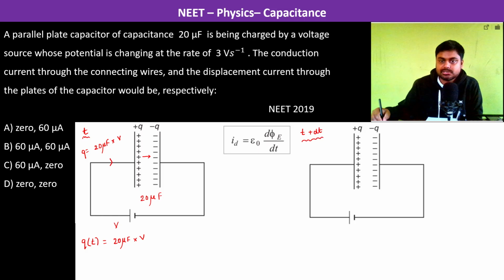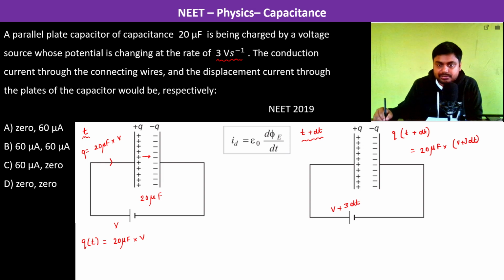Now charge at time t plus dt, what is the charge here? So now the potential has increased and it has become V plus, now it's changing at 3 volt per second, so therefore 3 into dt. So the charge at t plus dt time is 20 microfarads into V plus 3 dt.